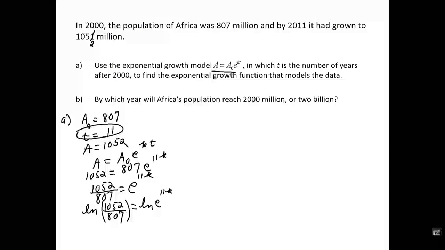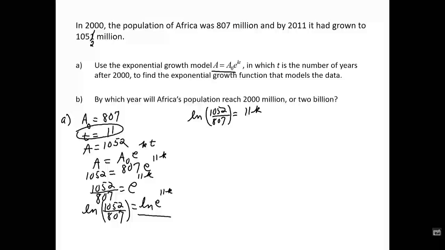We have the natural log of 1052 divided by 807. On the right-hand side, the natural log of e to the 11k is going to be 11k times the natural log of e, which is what? Just 11k.